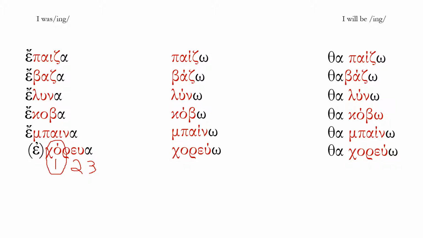We can't leave that oxia because if we move it over to the left, then we'll have no accent on the last three syllables, and that's a no-no. Okay, we can't do that. Greek is pretty strict about that. Okay, so choreva, though you could say echoreva, nobody would think it was strange.